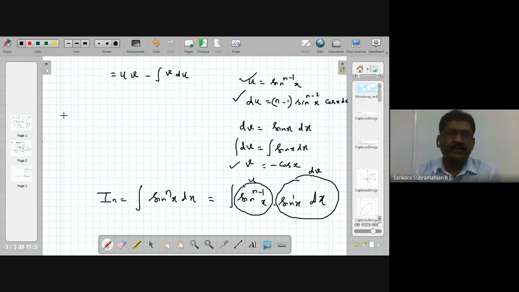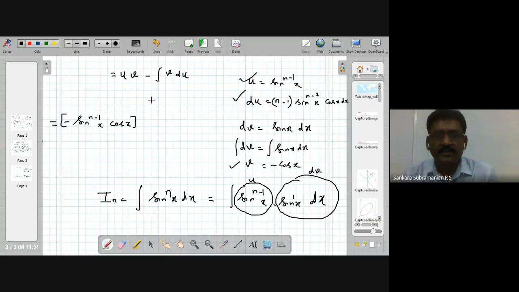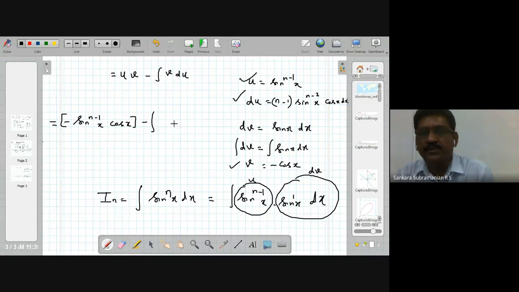Therefore we can go ahead with the formula uv minus integral v du. What is u? u is sine to the power n minus 1 x, and v is minus cos x. uv minus integral v du.